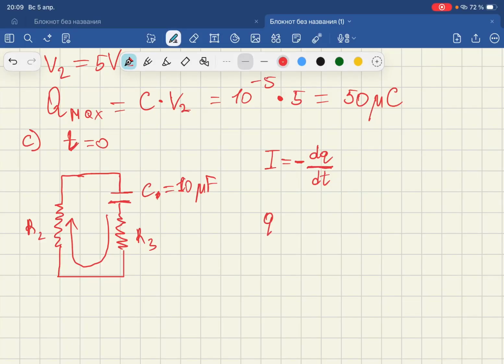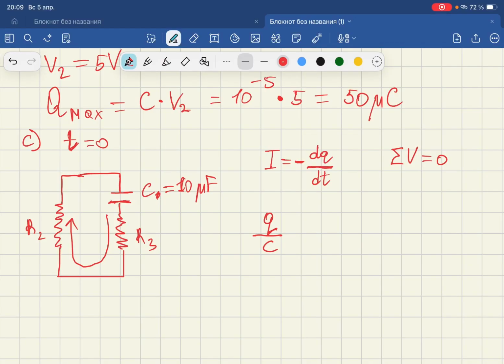Q divided by C is our voltage. In our closed loop, we know that the sum of the voltages equals 0. We just write an equation for those voltages.